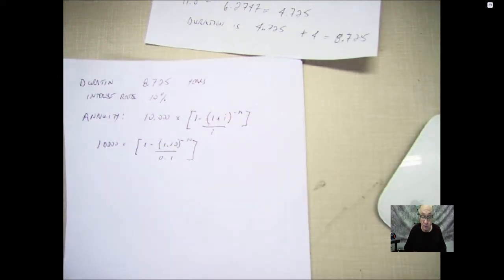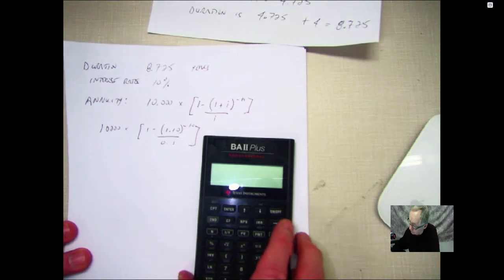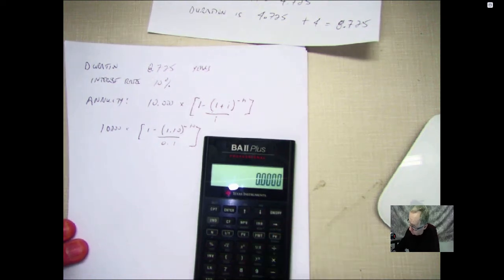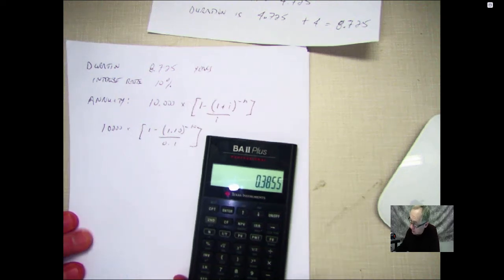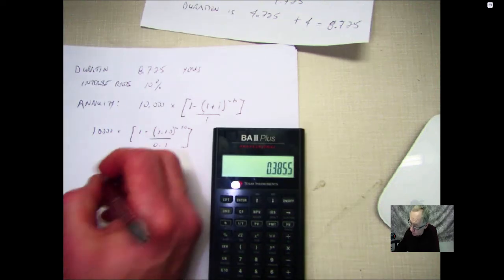And some calculator work for this. 1.1 to the power of minus 10 is 0.3855.